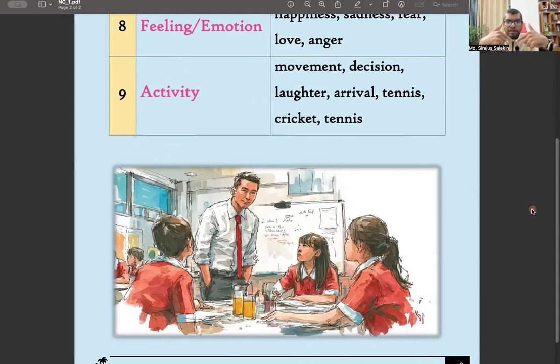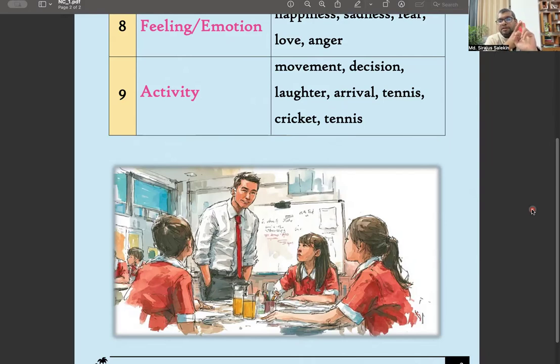So the whole process is related to teaching, and the students are listening to what the teacher said. So the word teaching, the word listening, this kind of word may be the name of a state or activity. Okay, so that is all for today. Today I just gave you a summary of the class, and I have discussed a comprehensive definition of noun.